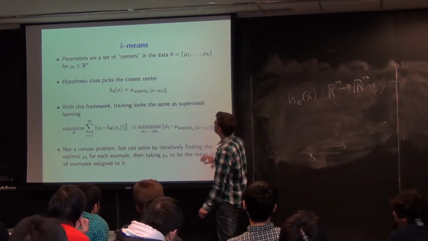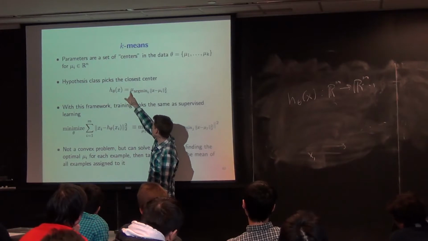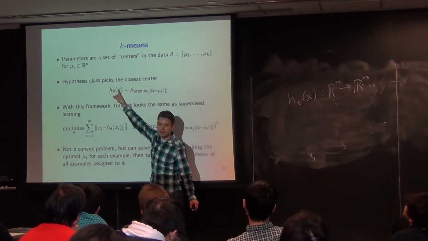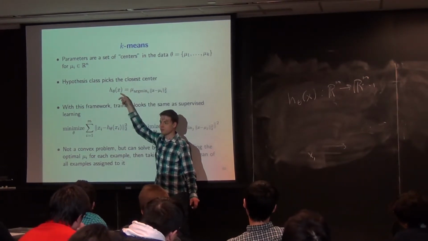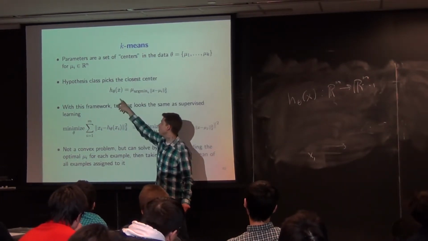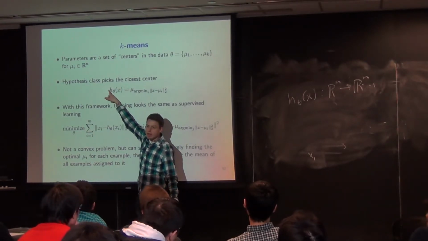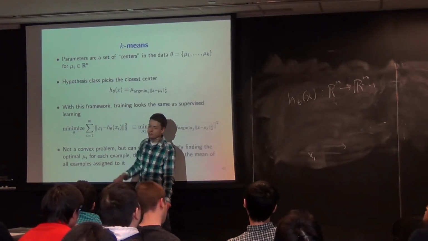But the idea is you have these centers, and your hypothesis just says, I'm going to pick the center. I'm going to make my prediction of what my example is here based on whatever center is closest. So I'm going to always output one of these centers, one of these mu's, which are the same size as your input dimension. I'm going to output whichever one is closest to the input of my hypothesis function.